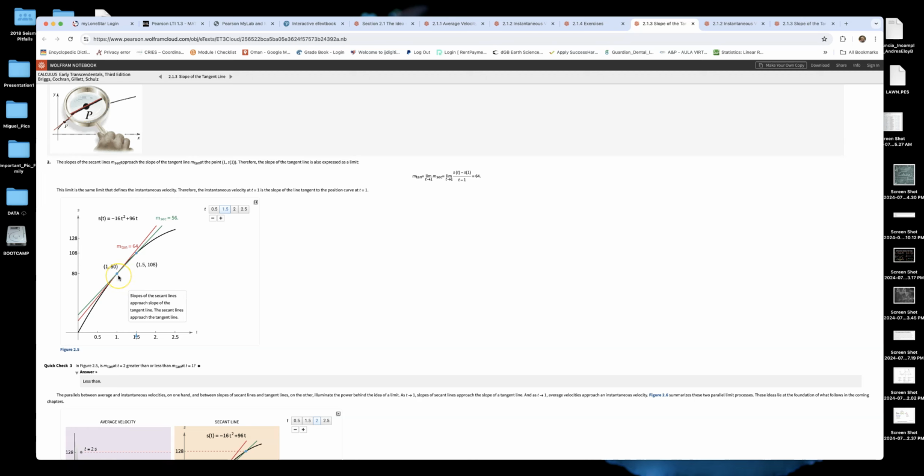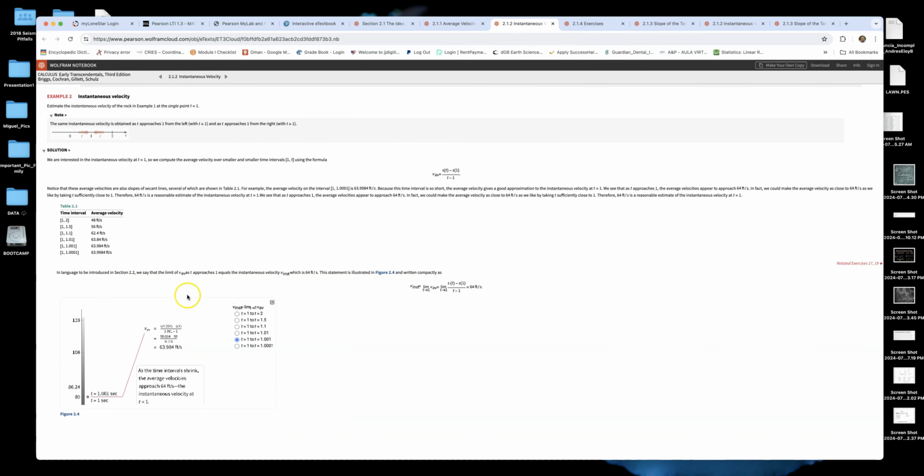I mean, it is the velocity at that specific time. So this red line, the tangent at this point, has a slope, and that slope is the limit that we computed before. You see that the slope is 64, and let me get the number in that table before.